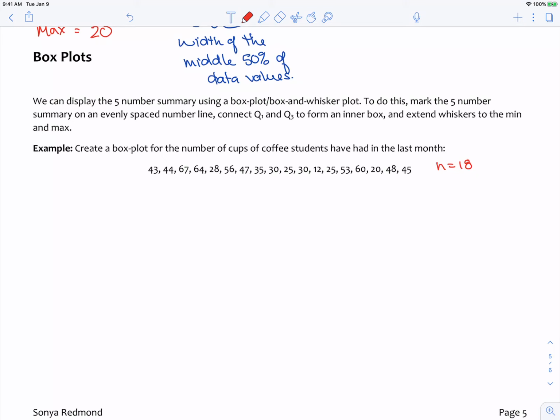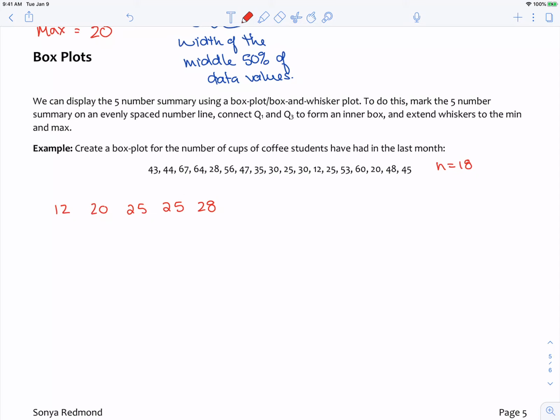So I see that I have a 12 and only one value with the tens position of 1. Then I go to the 20s and I have a 20, 25, 25, 28. So those are all in order.